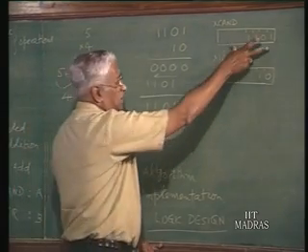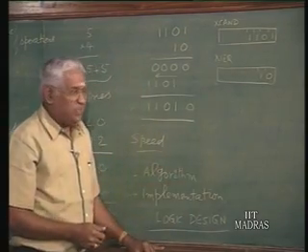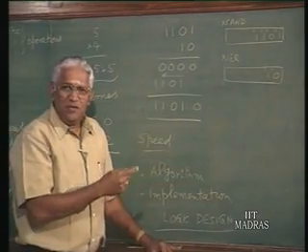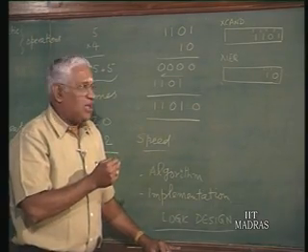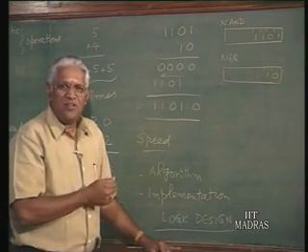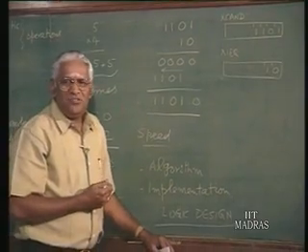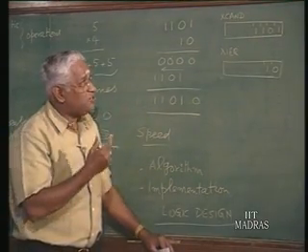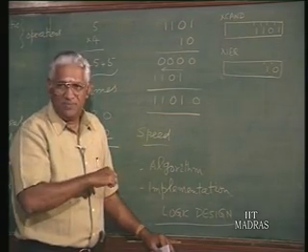For instance, the multiplicand can be an 8-bit number, and the multiplier can be another 8-bit number. When you multiply, you will be getting as much as a 16-bit result as a possibility. We really do not have 16-bit registers anywhere. So, these are certain things which will have to be taken into account in the design.